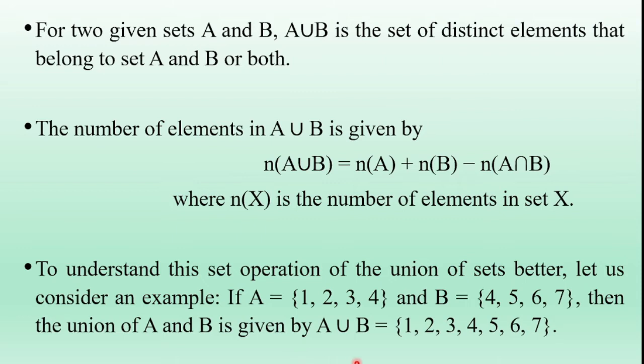So A union B is the union of all the elements of set A and set B. That is, A union B is equal to 1, 2, 3, 4, 5, 6, 7. So this is the example of A union B.